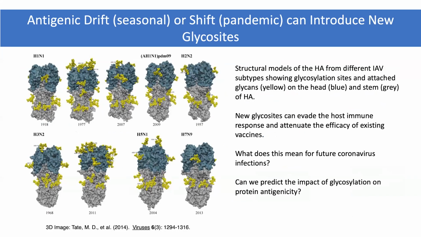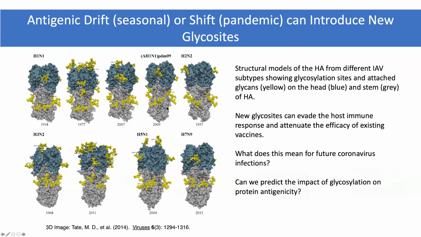The other question we want to think about is, as viruses circulate, they undergo antigenic drift, leading to seasonal variations in the virus, or antigenic shift as different viruses combine, and different strains combine, and you can get pandemics. And often these can lead to the creation of new or deletion of old glycosites.